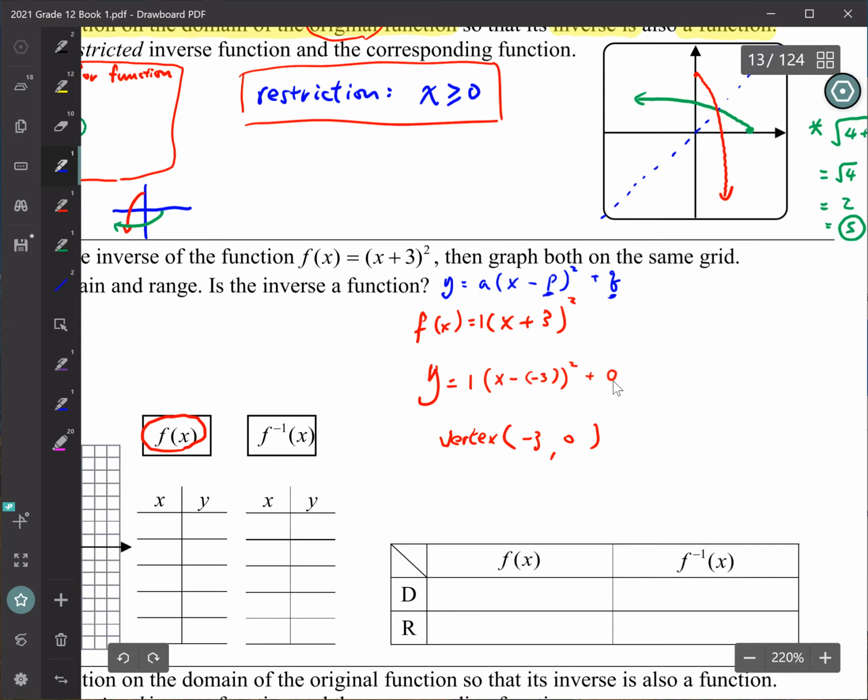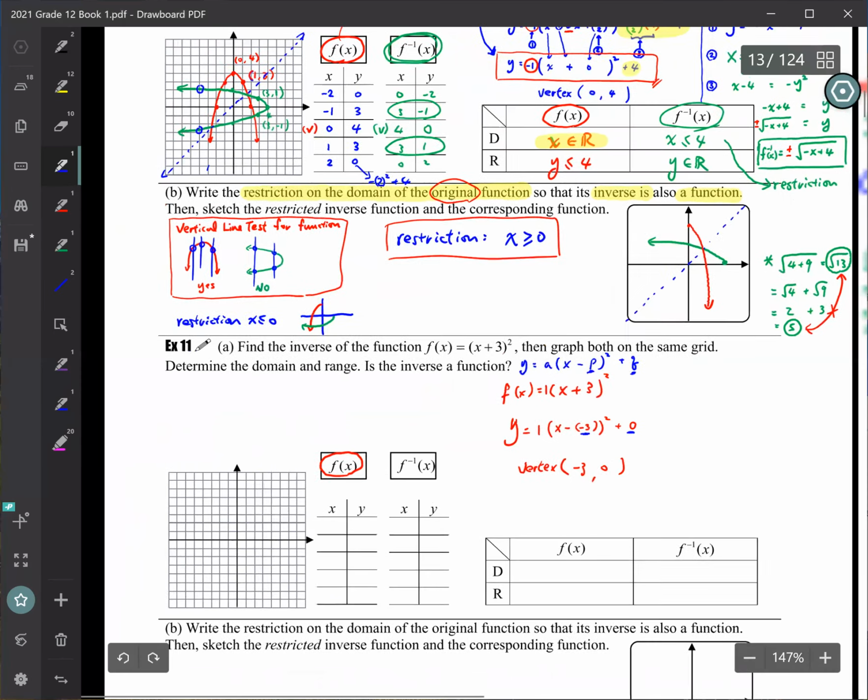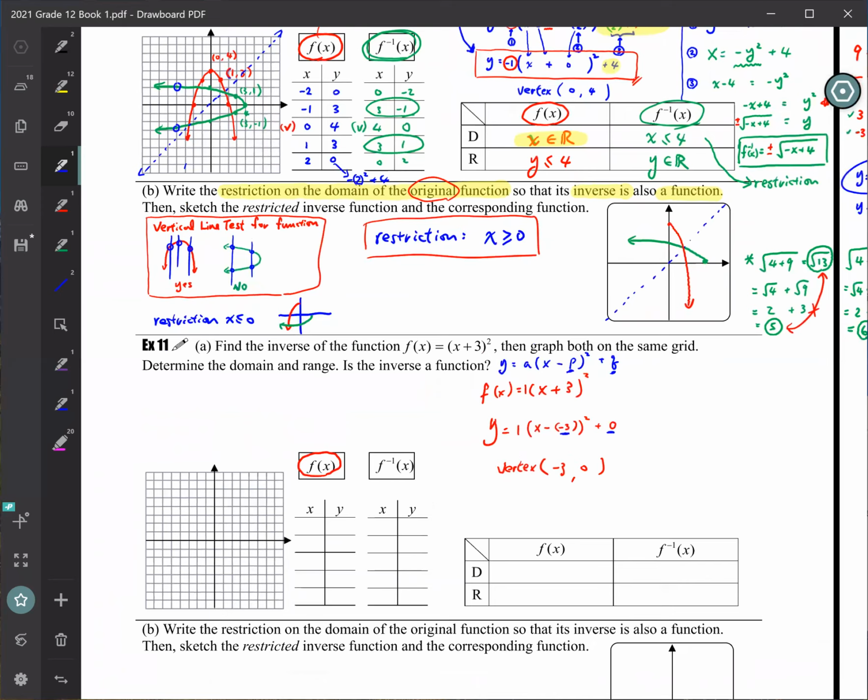So your p is -3, and q is 0. That's where the -3, 0 comes from. Now we have our vertex. Remember where to put the vertex in the table. Look at the example before. Where do you put the vertex in the table?